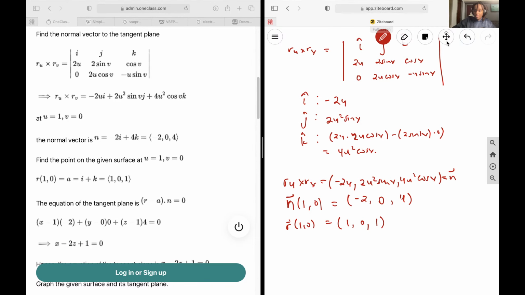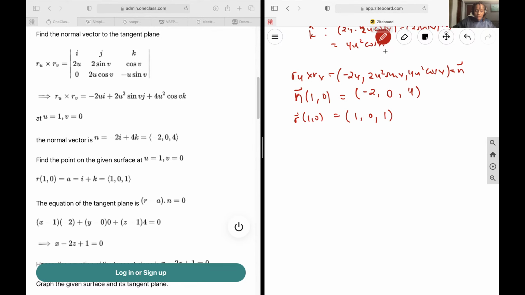And so, next up, in order to find our equation of this plane, we are going to take r minus a dot n, and these are going to be our a values. And so it's going to become x minus 1 multiplied by negative 2, so your first n value, plus y minus 0 multiplied by 0, plus z minus 1 multiplied by 4 is equal to 0.